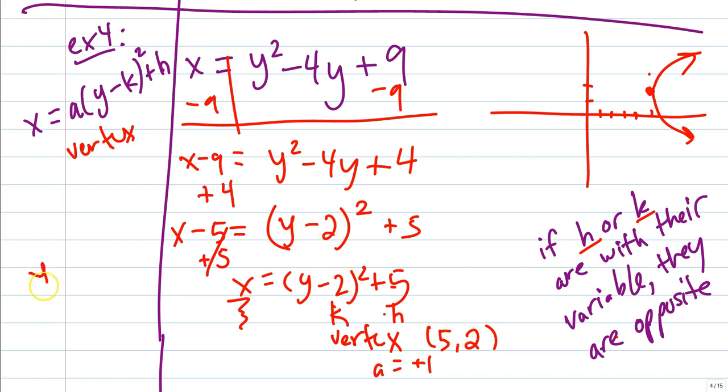If I have y equals a x minus h squared plus k, the h is with the x. The horizontal shift is with the x. It's opposite. When we're about to do a circle, both the h and k are both going to be with their variable. The x will have the h, the y will have the k, and so they'll both be opposite. So if you want a general rule how to tell when something's opposite, if the h or k are with their variable, they're going to be an opposite shift.